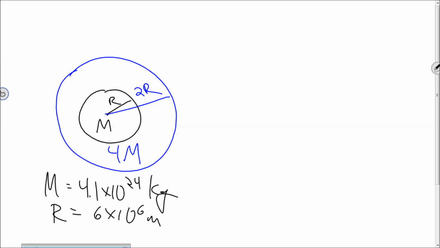Okay, so for part A, I'm looking for the acceleration of gravity here, right? So a couple quick comments. First of all, this is basically a shell theorem problem. Do you guys understand that?